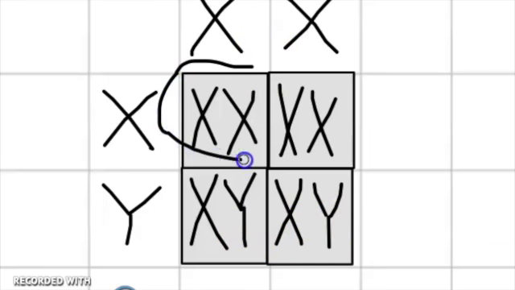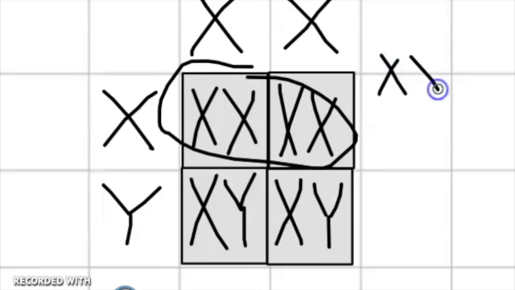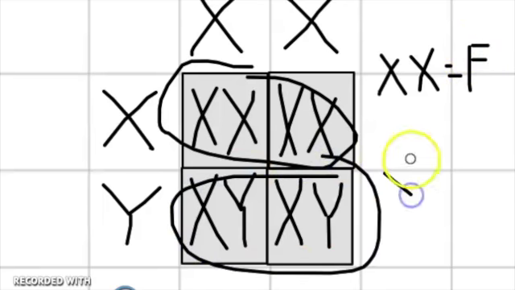Okay, this leads to the formation of two possible formations for XX individuals, which would be known as female, and I'll just put an F here to show that, and two for X and Y, which we would know as male.